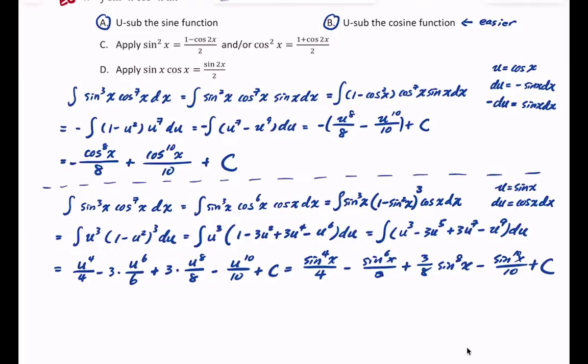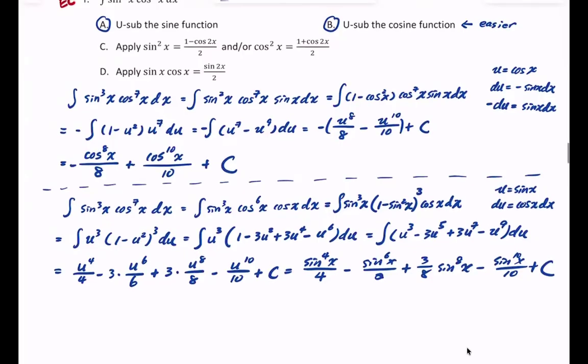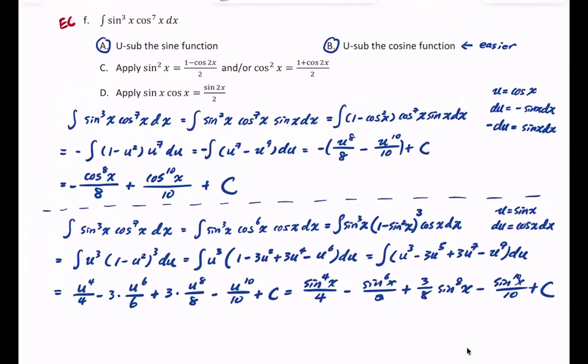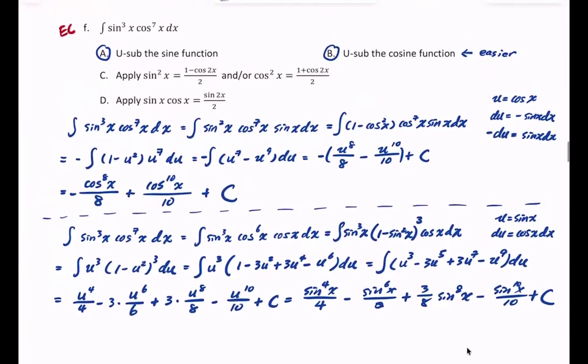You've got to look at the process carefully. So if both ways will work, try to use the one with the higher power. It's just because the algebra part later on, after you substitute, is easier.